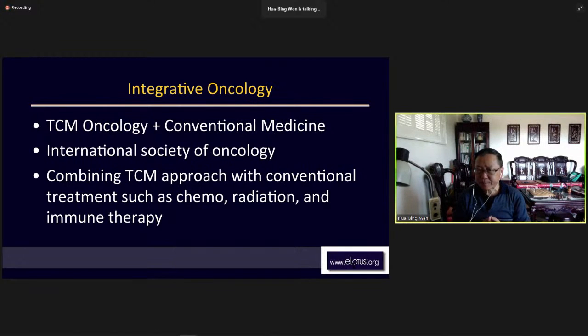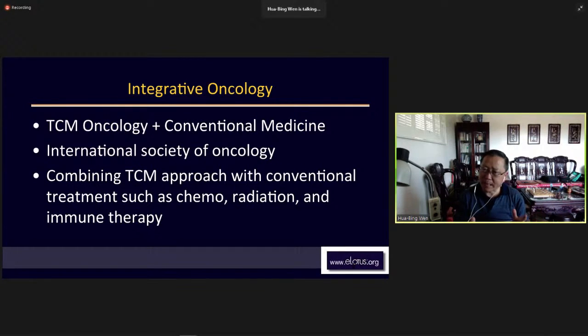The point is that conventional oncology practice is barely enough to meet the patient's needs, so there is great room for other modalities. Chinese medicine happens to be one of the best ways to fill that void.